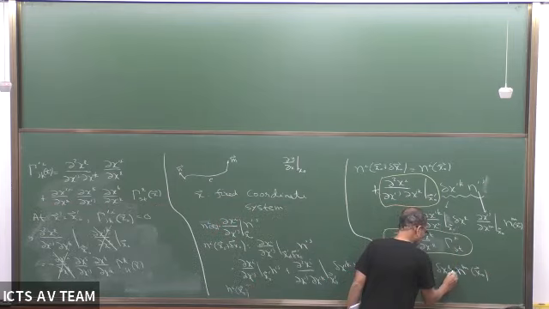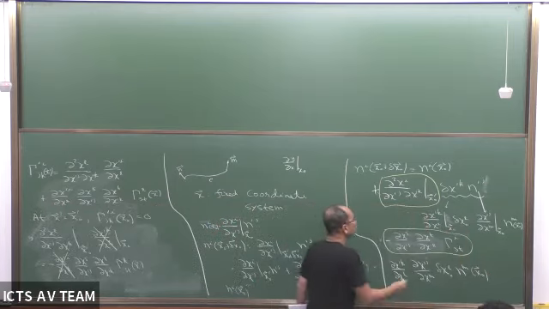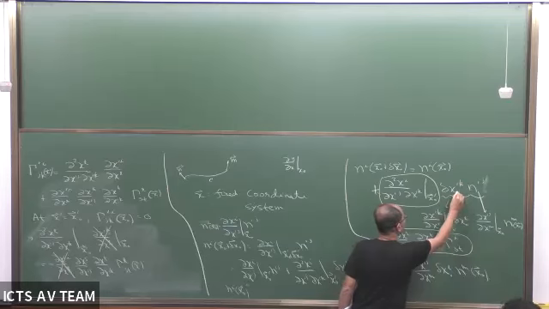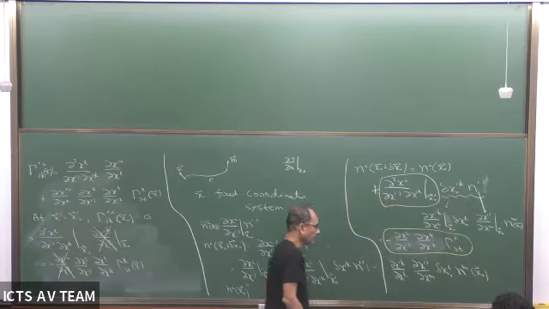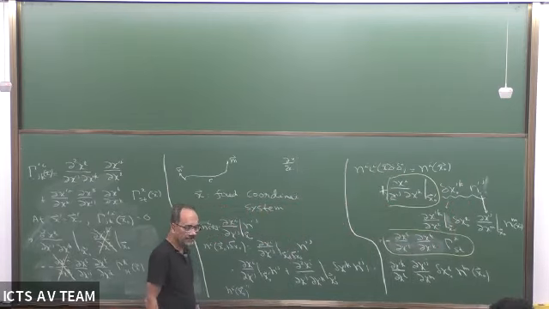That is written in x naught L, right? This is changed from x naught to x naught plus delta x naught. Is this clear?